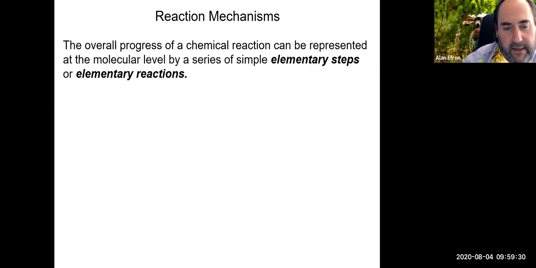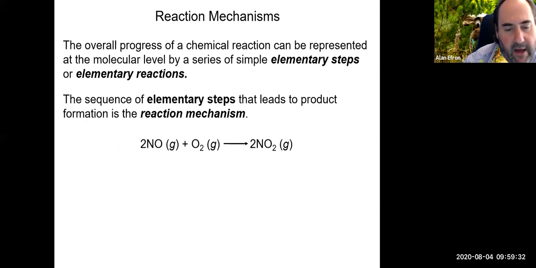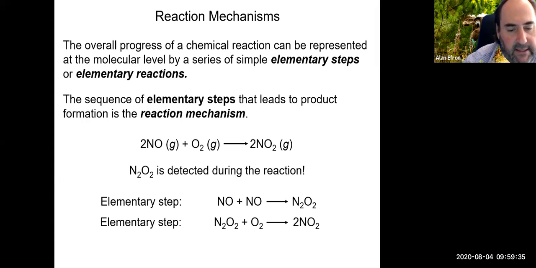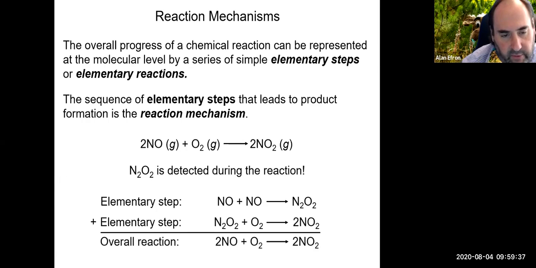Now, another important thing in terms of reactions and how they take place is this idea of what is referred to as reaction mechanisms. A lot of times when we think about reactions, we think about them as a one-step process, like we go from reactants to products.